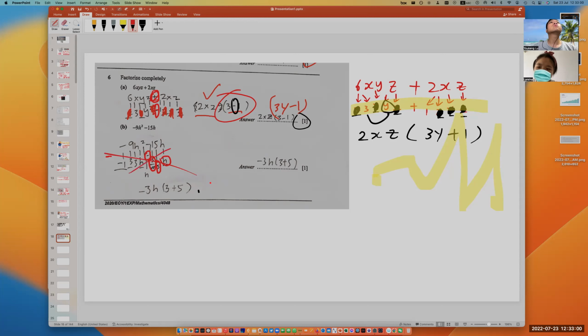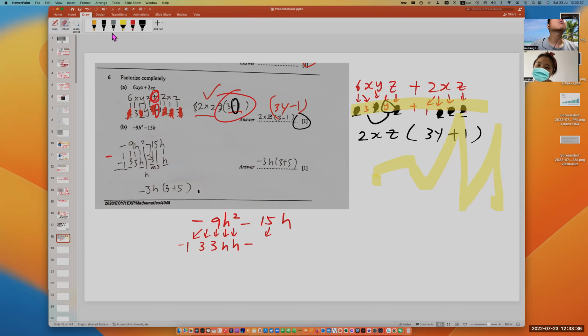Don't use pen. Use pencil. Manage your space. So how I will do this question if I can do it again. You want to take out minus 1, then 3, then 3, then H, then H. What you want to take out is 3 and 5.